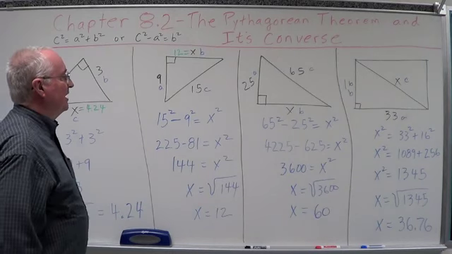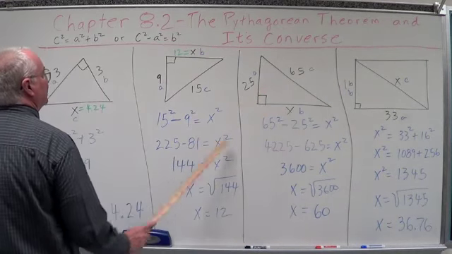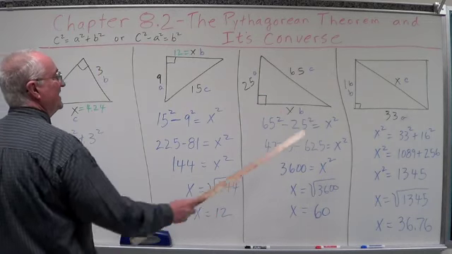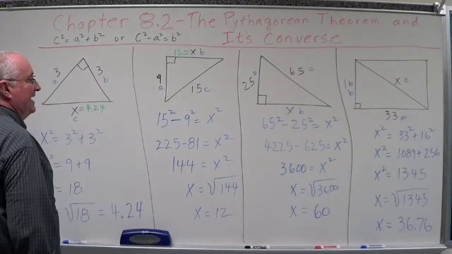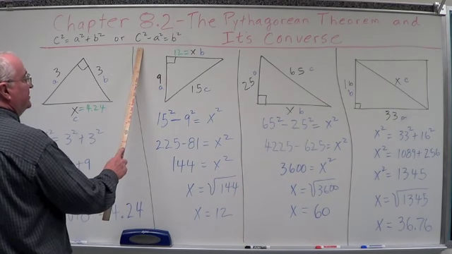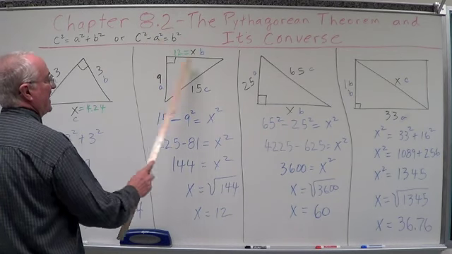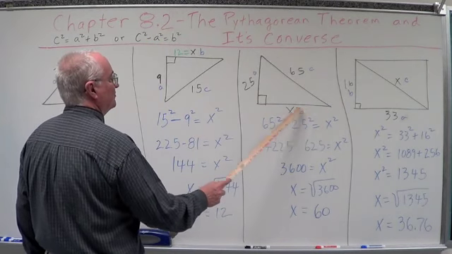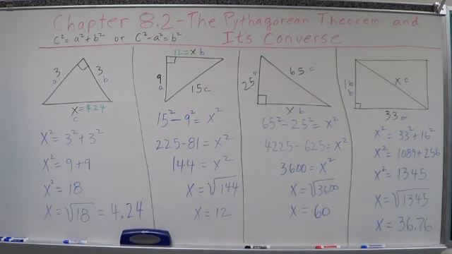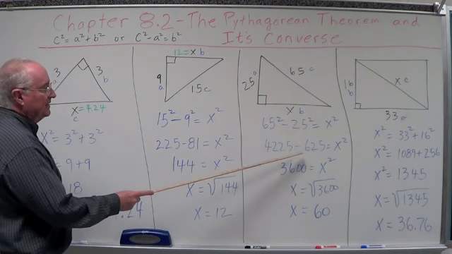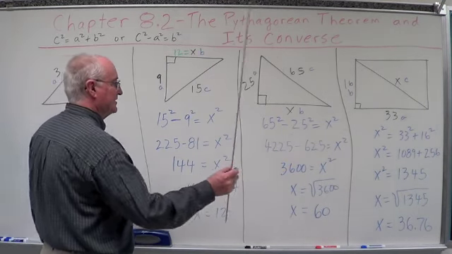All right, the next problem. Notice again, we're given the hypotenuse. We're supposed to find one of the sides, so we're going to use this. Hypotenuse is 65, A is 25, and B is x. So we take this equation and replace. C is 65 squared minus A, which is 25 squared, equals B, which is x squared. So 65 squared is a whopping 4,225, minus 25 squared, which is 625, and that equals x squared.